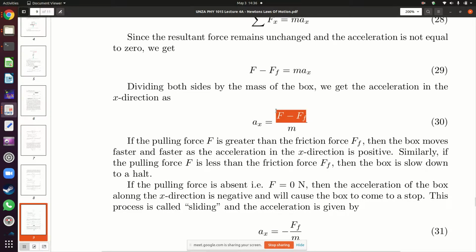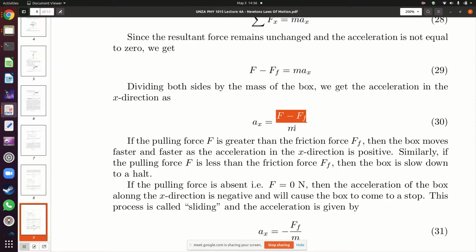Dividing this positive resultant force by the mass, you're going to get a positive value of acceleration. If your acceleration is positive, it means that your object's velocity will increase with time, and your object will move faster and faster.